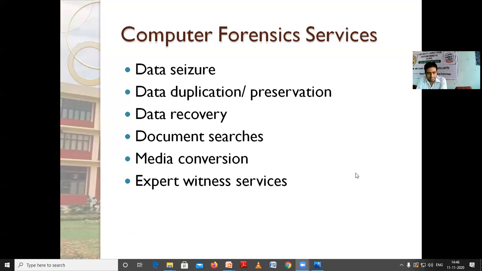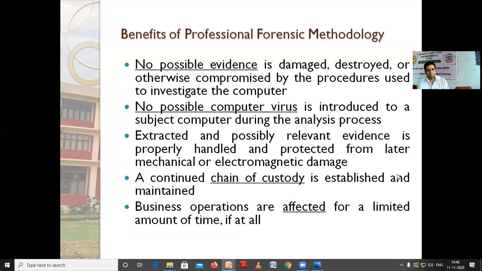So computer forensic services include data seizure, data duplication and preservation, data recovery, document searches, media conversion, and expert witness services. It is suggested to use professional forensic methodology because it may seem very easy.